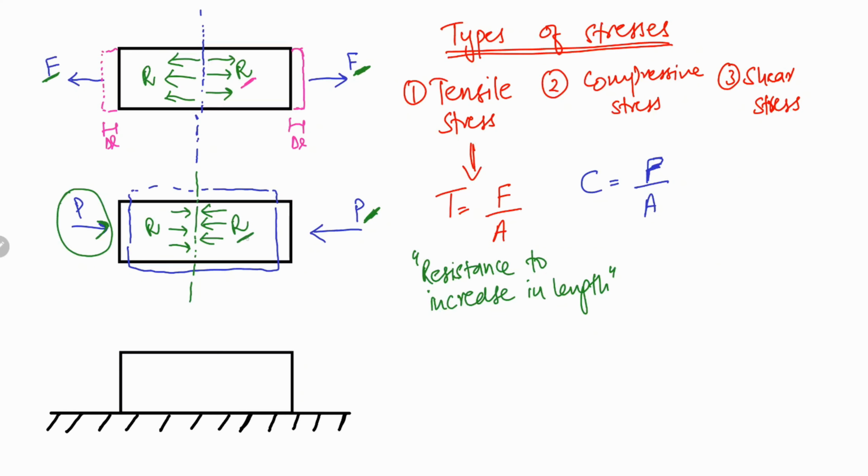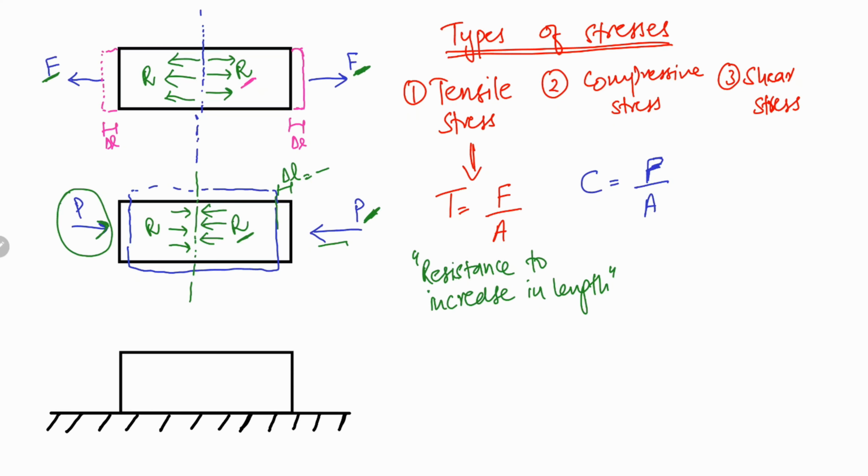And this R is basically the internal compressive stresses that is created inside the body in order to resist the decrease in length, because now the object is going to decrease in length because of the compressive load. So this delta L is now negative because there is a decrease in length. So the resistance provided to the decrease in length is known as the compressive stresses.